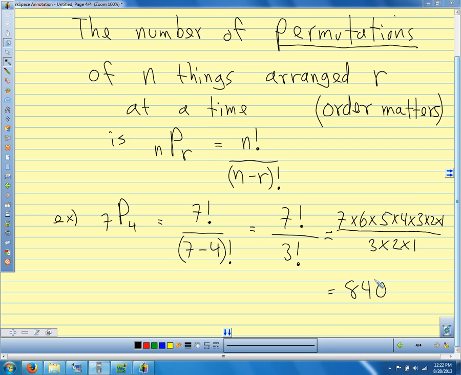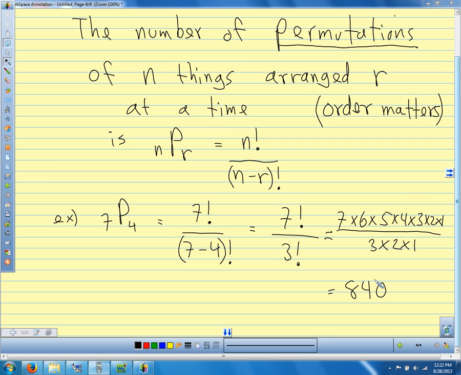Let's see. What's another good example? A baseball team. So picking a certain number of people from a baseball team versus having a specific batting lineup.